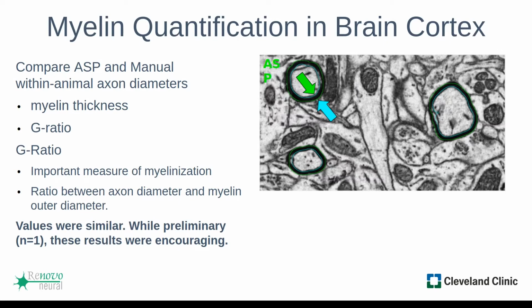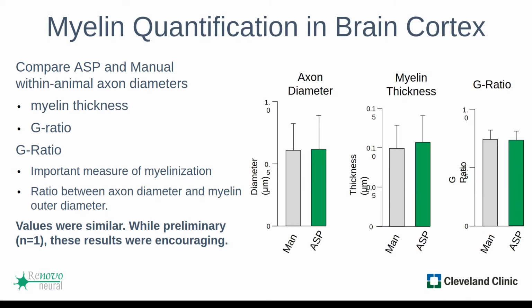Okay, so this G ratio analysis involves a pipeline that has automatic segmentation and measurement. And if the myelin had significant defects or structural deficits resulting from tissue handling, that would have broken the pipeline. But that didn't happen. The tissue looked great, and to check for any minor changes, we compared the G ratios in the manual stain versus ASP stained cortex from the same animal.